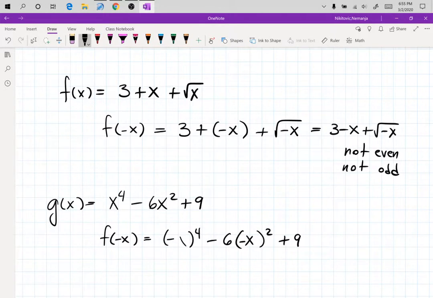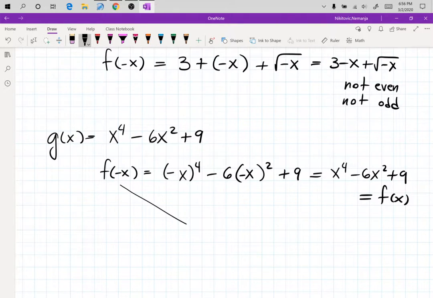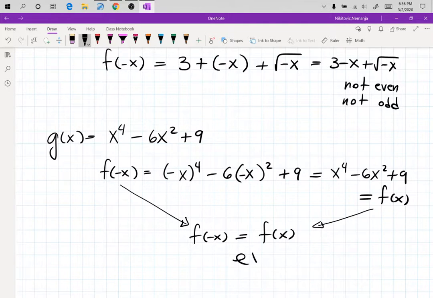And when you go through calculations, you know that even exponents just kill these negatives, and we land on x to the 4th minus 6x squared plus 9, which is equal to the original f of x. So what we have found is that f of negative x is equal to the original f of x, which is the definition for even. Yay.